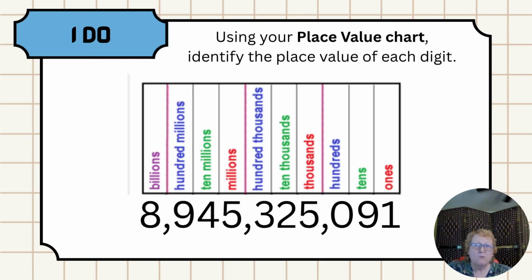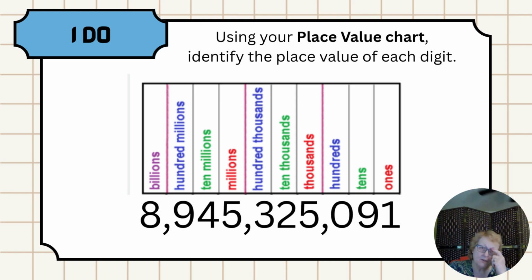The first thing we want to do is to use our place value chart. You can make a place value chart at any time. You should know your place values. And as a fourth grader, you're expected to know whole numbers all the way up to 1 billion and decimals all the way to hundredths.